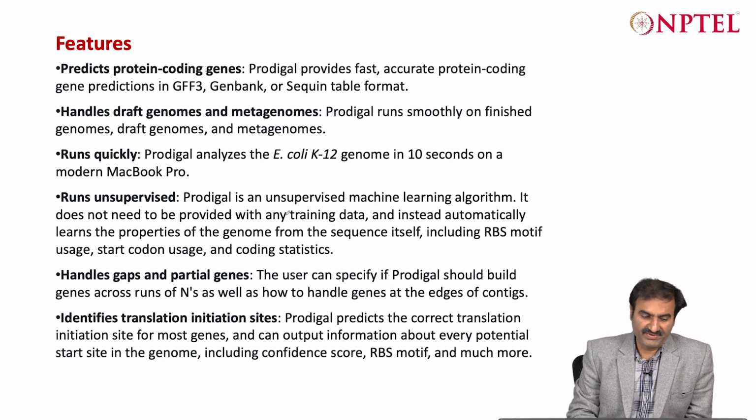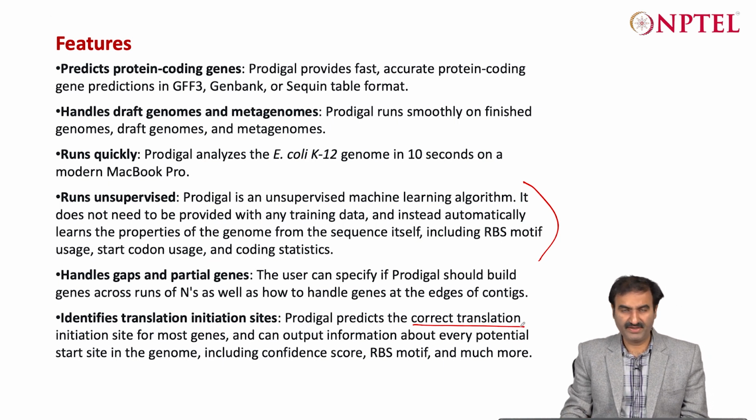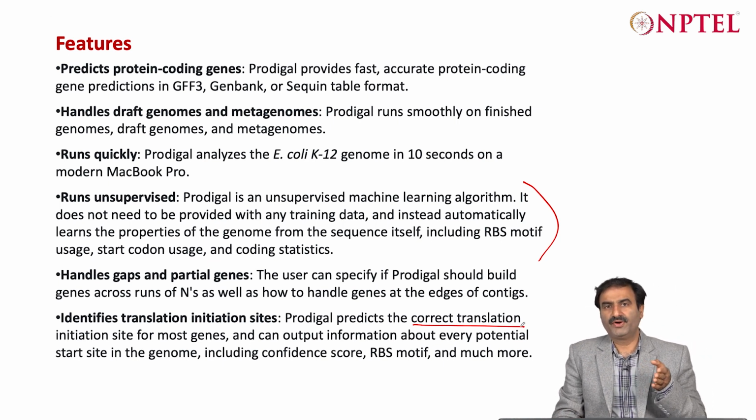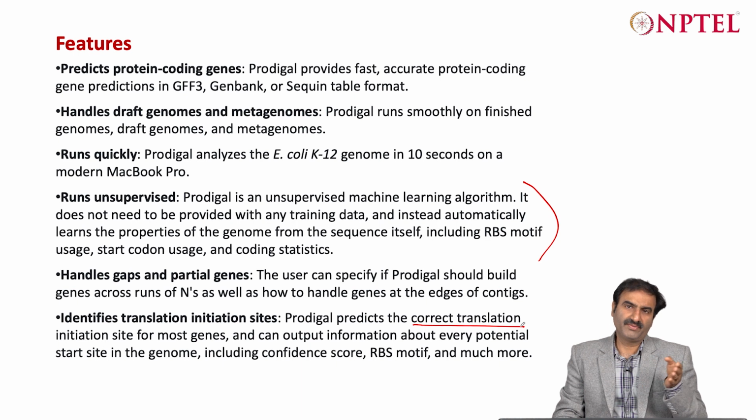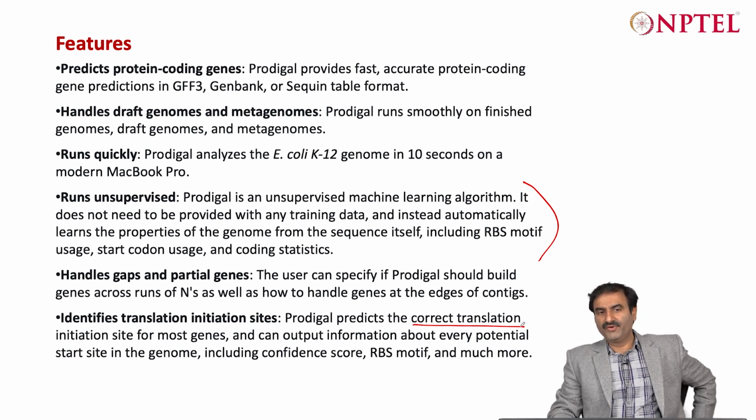Okay, it is very fast, it runs unsupervised and does not need a training set. It can predict partial genes also, and also predicts the correct start codon, because there could be many start codons upstream of a stop codon, and to find which one will be preferred, or the correct start codon, is not so easy.